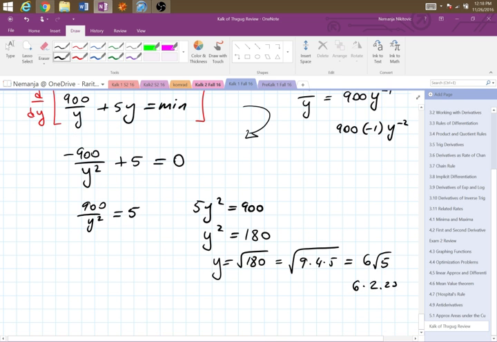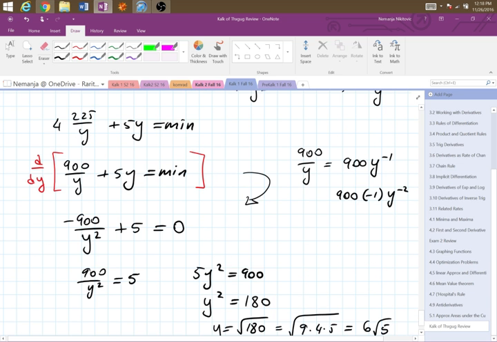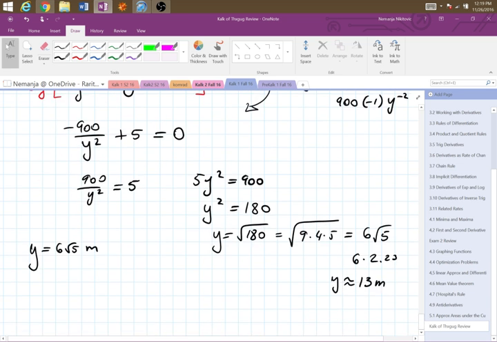About 13 feet. So y is about 13 feet. Oh no, meters, sorry, meters. 13 meters. And we can take our 6 root 5, which is the exact value, and plug it back into our x equals 225 over y.